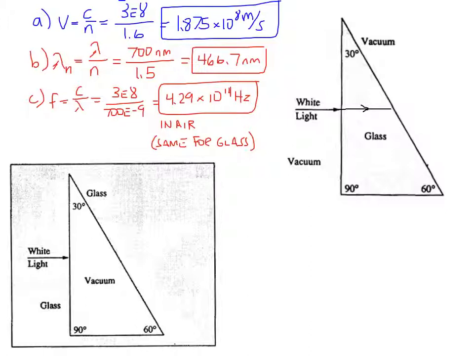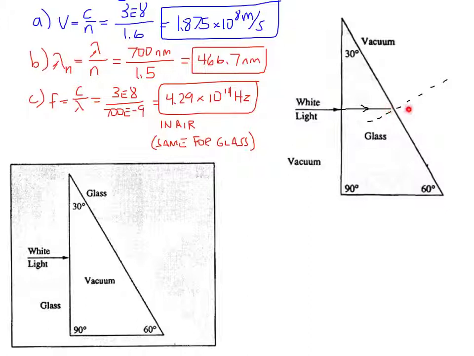Now this one, the normal is perpendicular to the surface, so I'm going to draw a dotted line to represent the normal. Now the light does not pass straight through this point. If it passed straight through, this would be the path of it, going straight across like that. Instead, since we're going from a high index, the glass, to a low index, the vacuum, the light bends away from the normal.